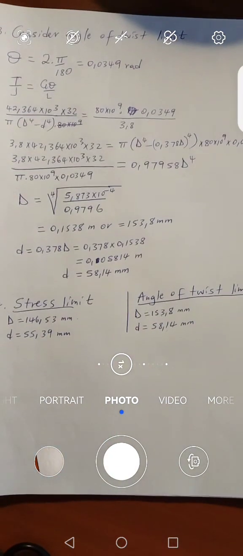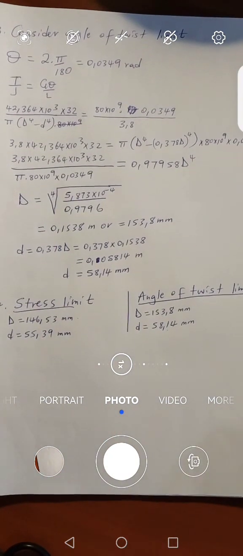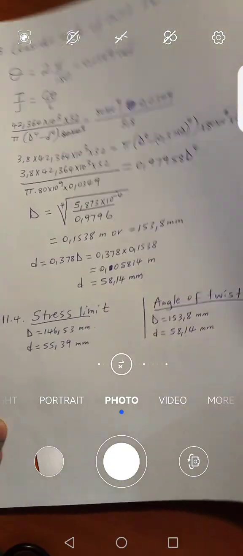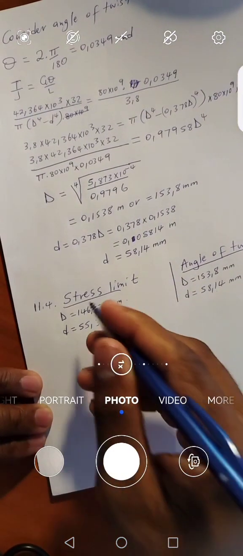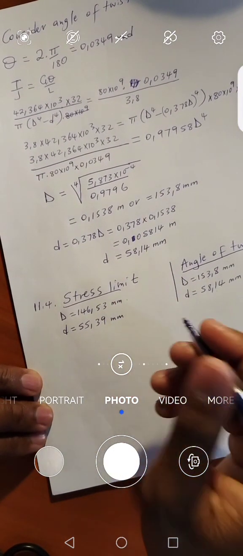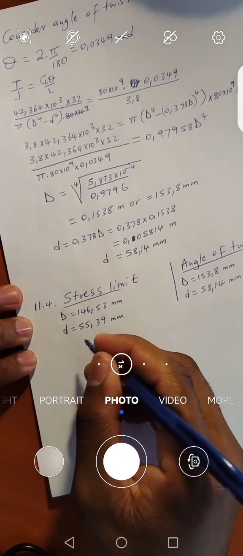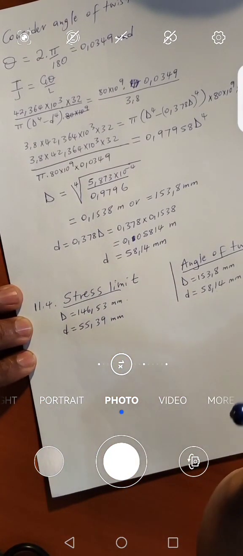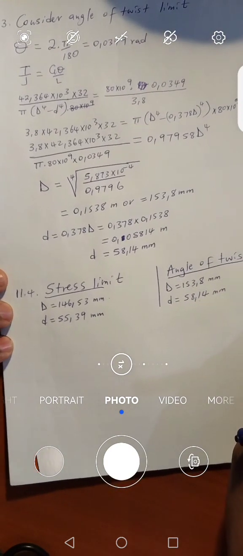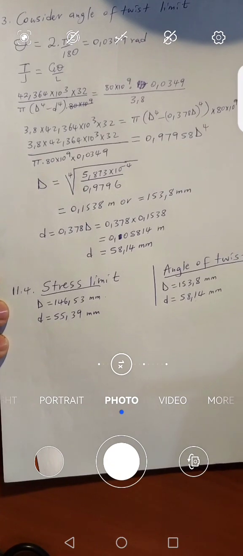Okay, but let me do it in this way. Let's calculate the shear stress considering the stress limit.